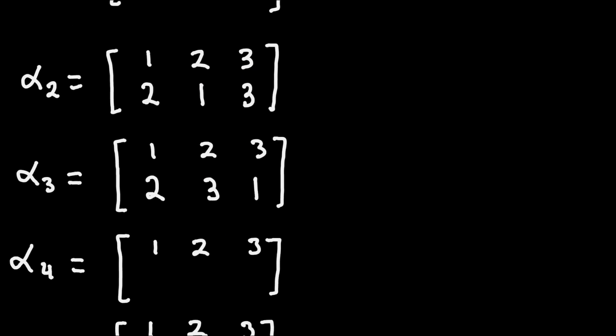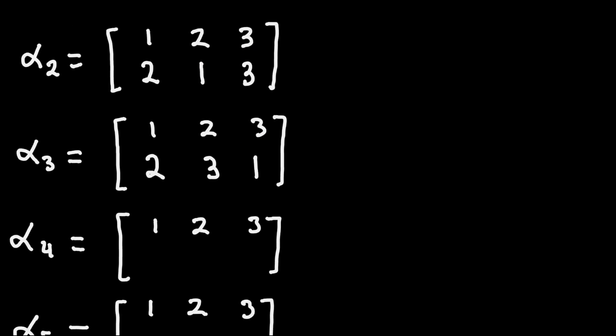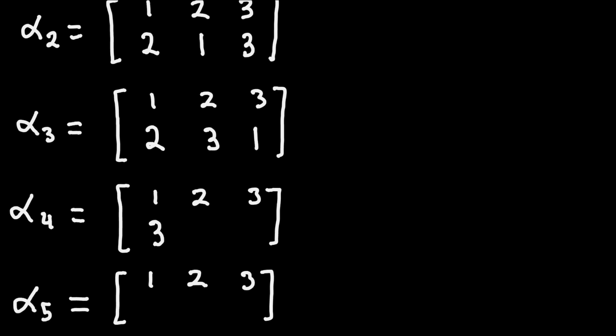So now let's say 1 goes to 3. If 1 goes to 3, because we want to keep this a bijection, the only numbers that I can put in the other positions are 1 and 2. I cannot put 3 there because it won't be a bijection. So we can make one choice, which is 1 and 2.